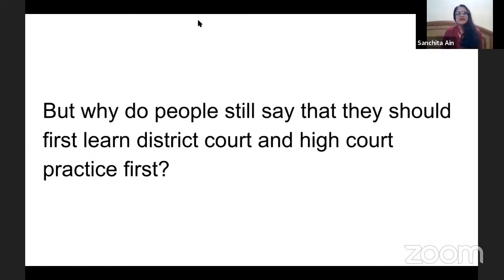You need different skill sets, but as such, there's no hierarchy. It's not like you need superior skills to practice in the Supreme Court and some sort of inferior skills are required in High Court, right? So it's important to understand that you need different skill sets and there's no hierarchy. First, you need to understand this. And you need to say this to people who say that to you, right?